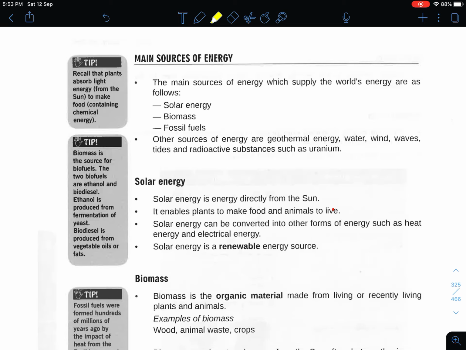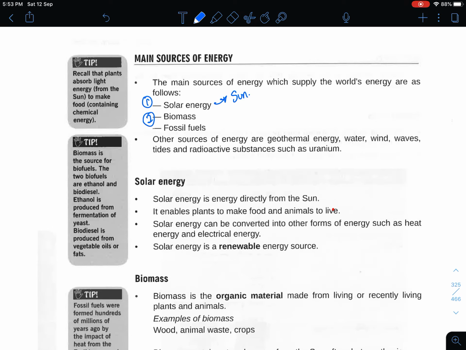So some main sources of energy are generally, number one, solar energy, which is mainly energy coming from the sun. Biomass comes from the words bio and mass, where bio is generally living things, mass is basically the amount of matter it contains. So biomass is basically the source of energy from maybe organic material.